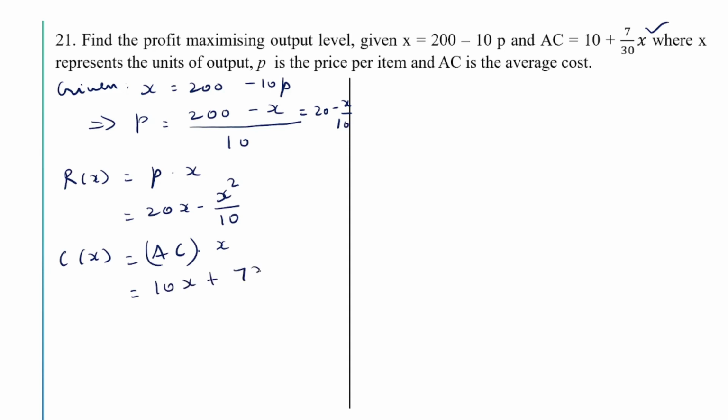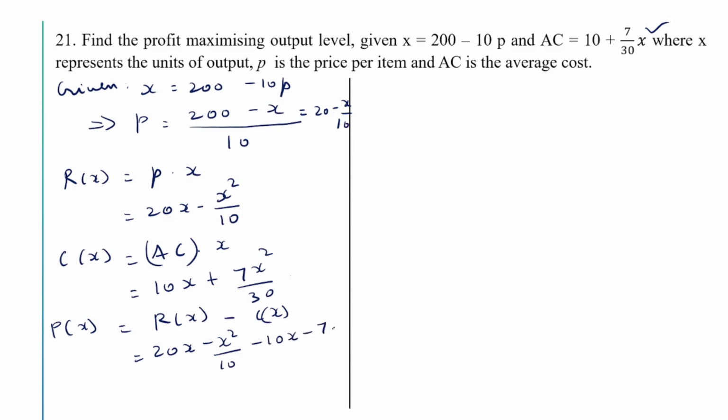Now we can find the profit function. So the profit function is given by R of x minus C of x. So R of x is 20x minus x square by 10 minus 10x minus 7x square by 30.